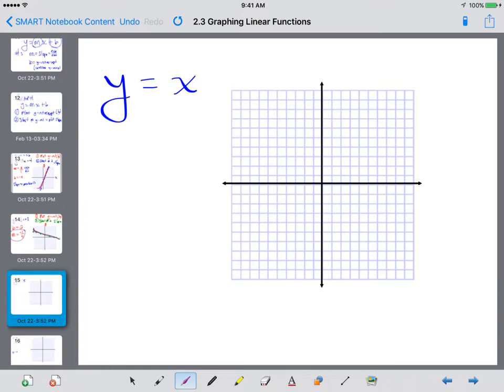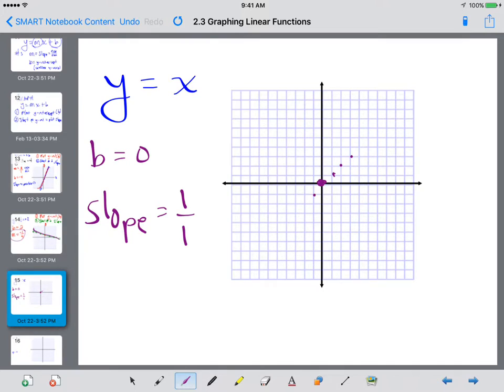Two more examples real quick. If you get this line y equals x, the y-intercept is 0, and the slope is 1 over 1. So to plot this line, we're going to plot 0, 0, because the y-intercept is 0, and we're going to go up 1 over 1, up 1 over 1.